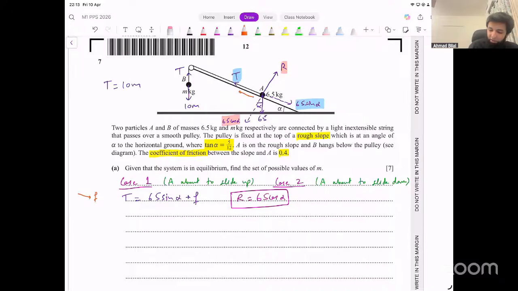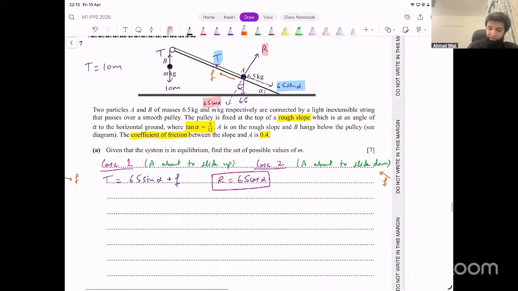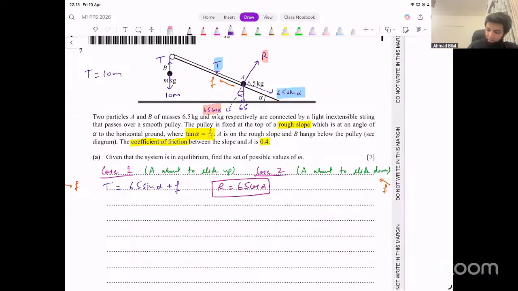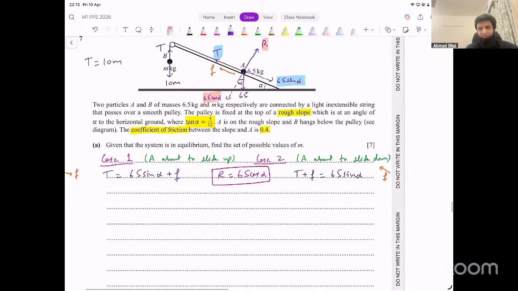Friction will now act up the plane. What will be the equation in that case? In that case, the equation is going to become T plus F equal to 65 sine alpha. These are the two equations that we end up getting. F will be the same in both cases, yes, because mu is the same, R is the same. So the value for F is going to remain the same.